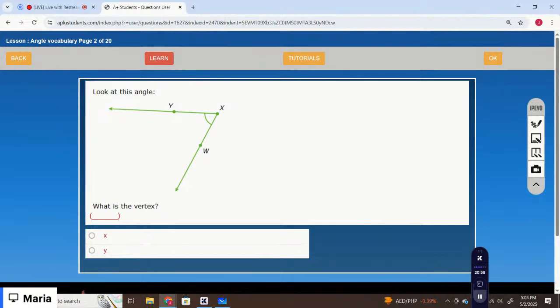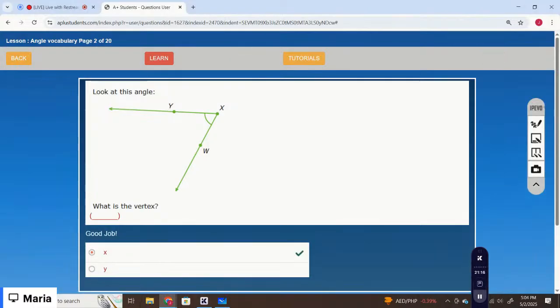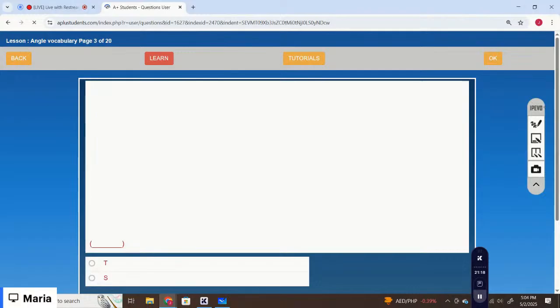The correct option is X. Option 1 is the correct option. Look at this angle.